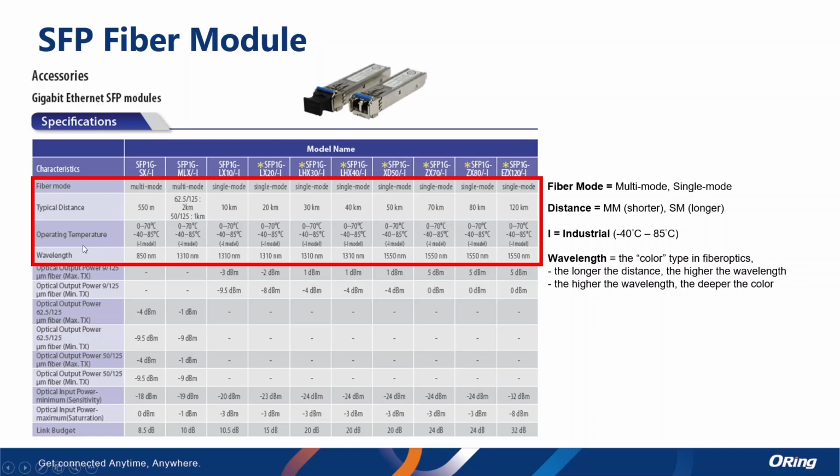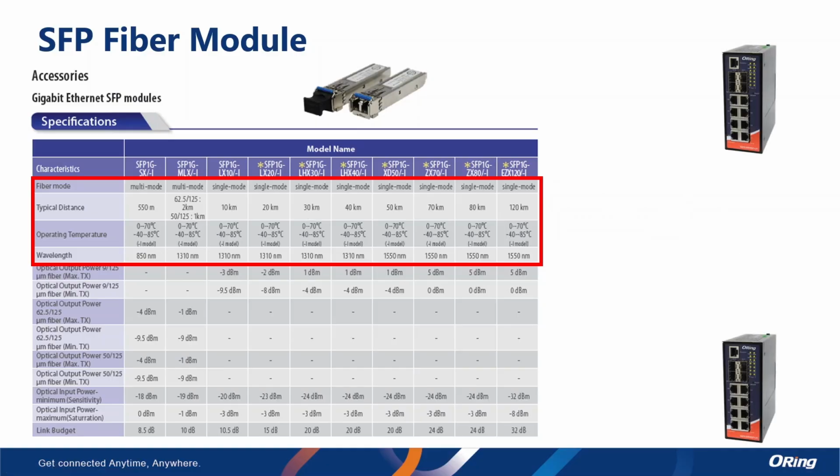And then for the wavelength here, because this SFP module is non-BD, the transmitter and the receiver have the same wavelength number here, for example 850, 1310. The longer the distance, the higher the wavelength number.